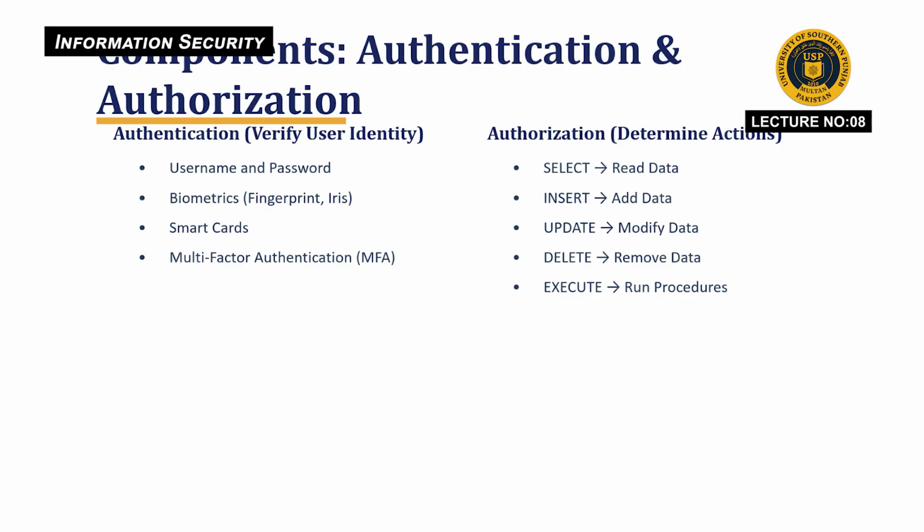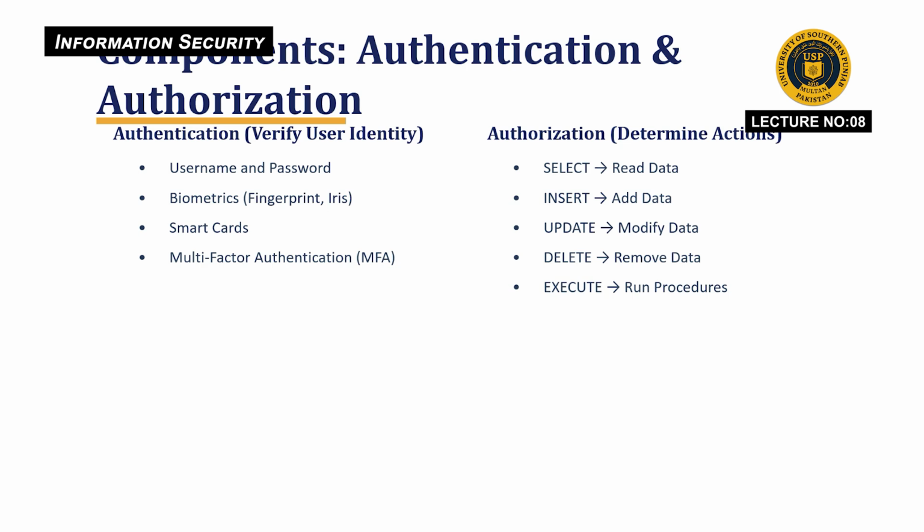Smart cards are used in secure organizations. And multi-factor authentication combines multiple methods, for example, password plus OTP code. Multi-factor authentication is more secure because even if a password is stolen, attackers still need a second verification method.